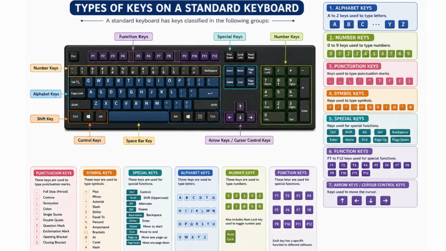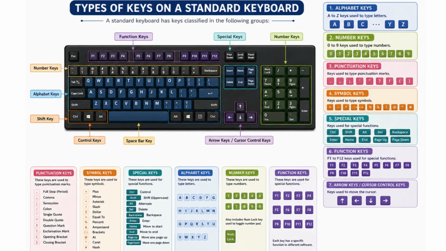Now here on this page you can see different types of keys that we see on the standard keyboard. The diagram shows you all the keys with proper labeling. The first key that we are going to study about is alphabet key.